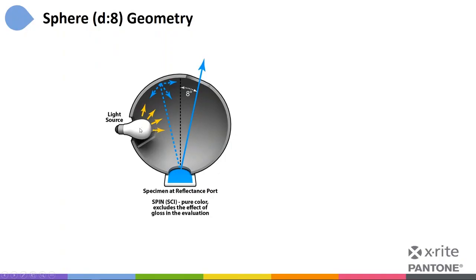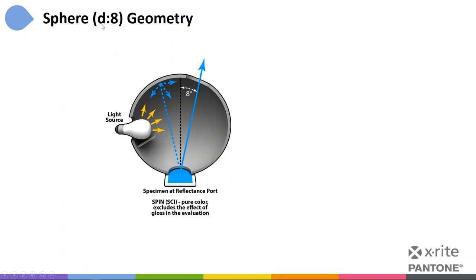So the light from the lamp is going to hit the wall of the sphere, being a white surface and very diffuse, and scatter the light in every direction. Those beams will bounce all over, and basically the entire sphere becomes a light source and illuminates the sample. So we don't have a directional light source like in 45-0, where we know the angle the light is coming from.